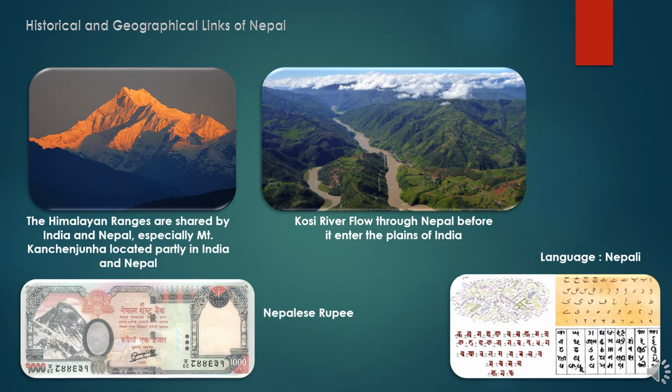Here, the Kosi River flows through Nepal before it enters the plains of India. The currency of Nepal is known as the Nepali rupee, and the language of Nepal is called Nepali.